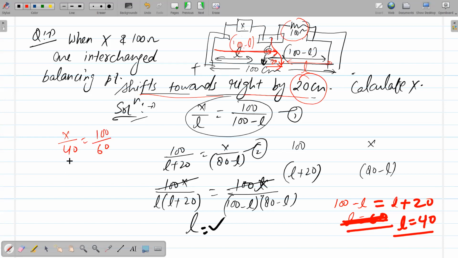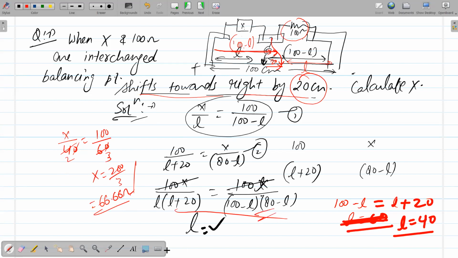Right, everyone? So this 2 is cancelling out, this is 3. So X is 200 by 3, and absolutely correct, 66.66 ohm.